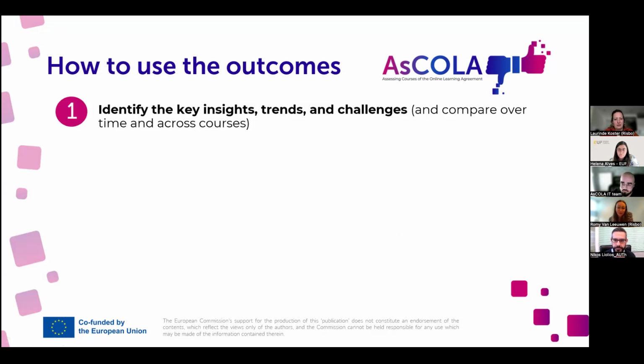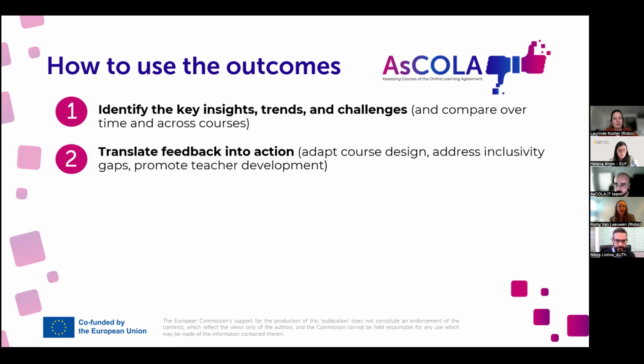You can use the outcomes of the evaluation in multiple ways. For example, you can use it to identify key insights, trends, and challenges, and compare the outcomes over time and also across courses to spot recurring issues or successes in those courses. Secondly, you can translate the feedback into action.